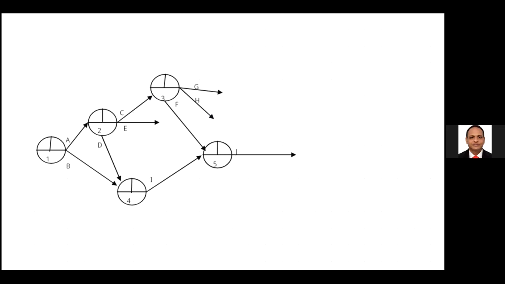Next one, for K, we should complete E, G, H. The problem is G and H start from the same event. We can't complete this in another same event.